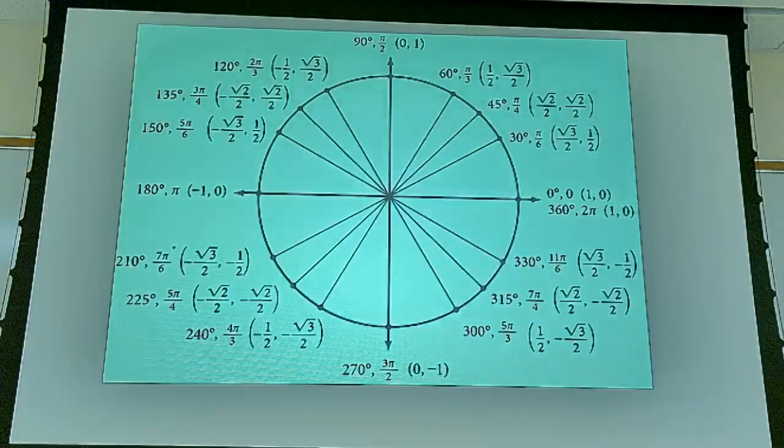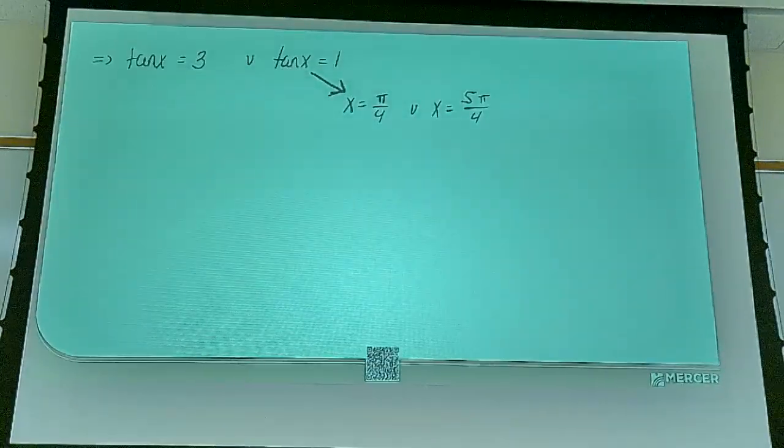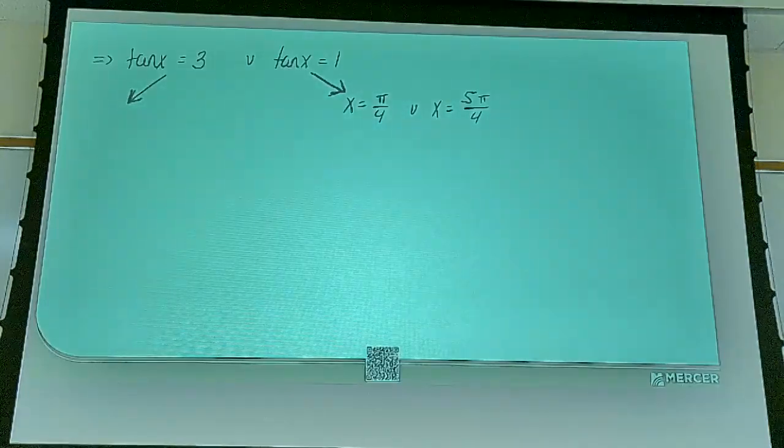So here's what we're going to have to do. I would have to use the inverse trig functions. x has to be the inverse tangent of 3.